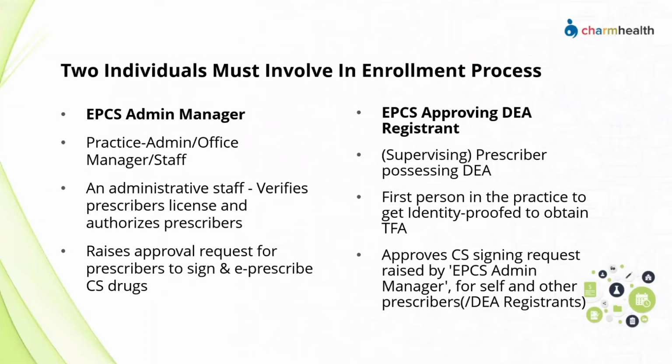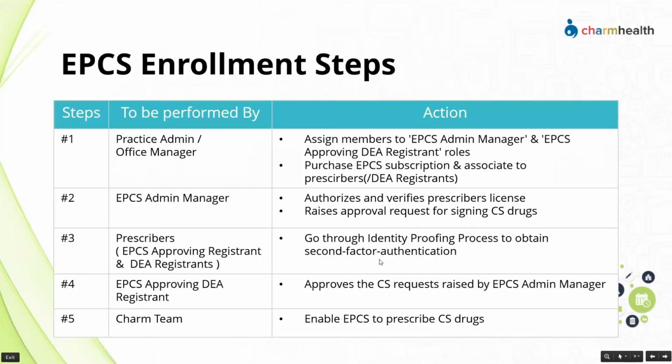All that information is just going to be stored in your profile. None of it will ever appear on any of the forms that are generated in Charm. They're specifically for the identity proofing steps. And then essentially, once the approval is raised, you will register that token and then confirm that.